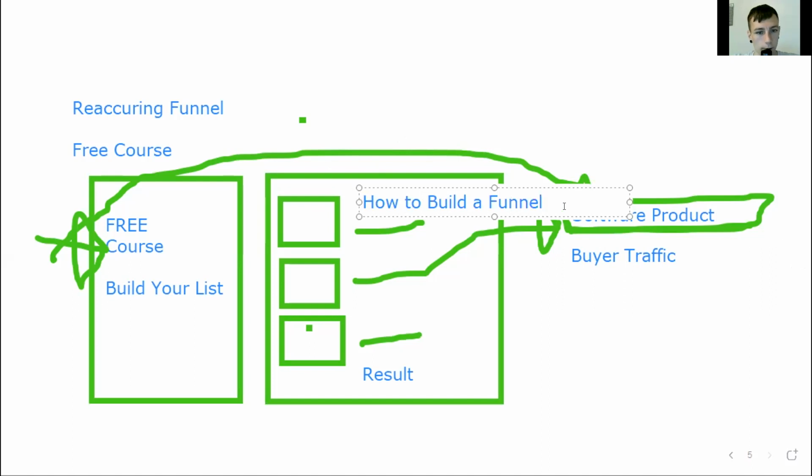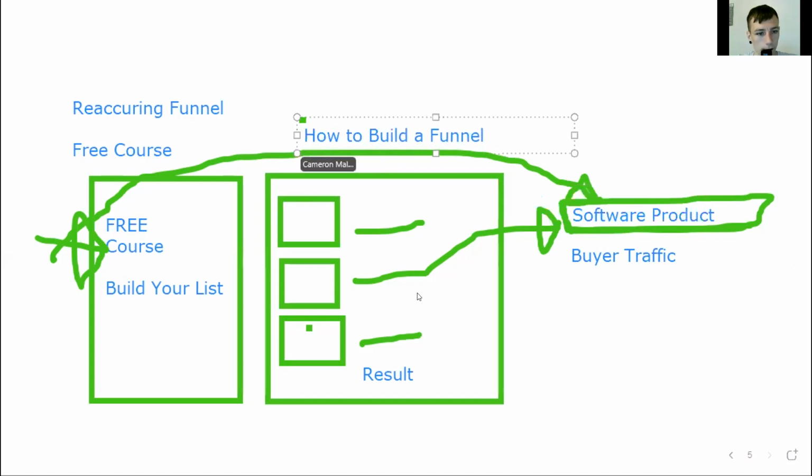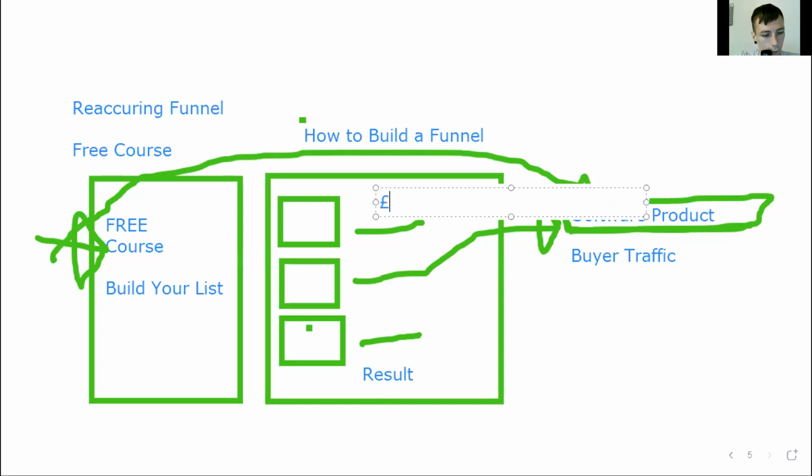Okay. So if people are buying this product on how to build a funnel, okay, people buy this product and want to learn how to build a funnel. Let's say that it was like $37 or £37, or however much it is, say it's like 495.